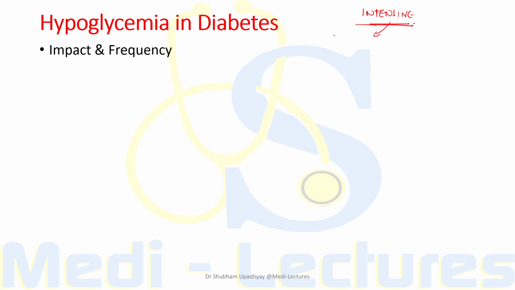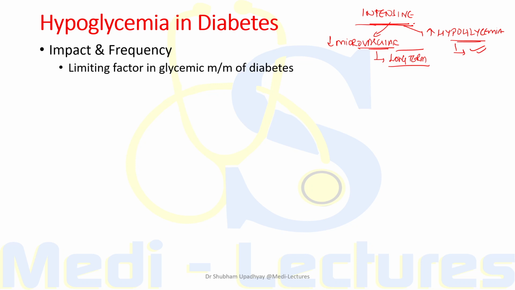Basically it will decrease the microvascular complications associated with diabetes, but at the same time there will be increased risk of hypoglycemia. So these microvascular complications are dangerous in the long term, but even a single episode of hypoglycemia can take the life of the patient then and there.